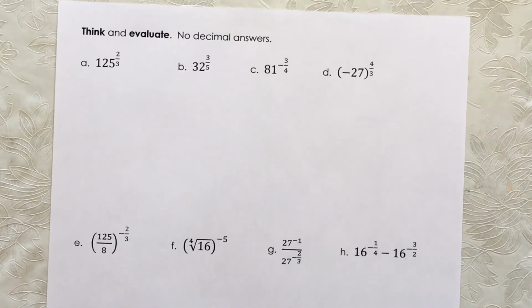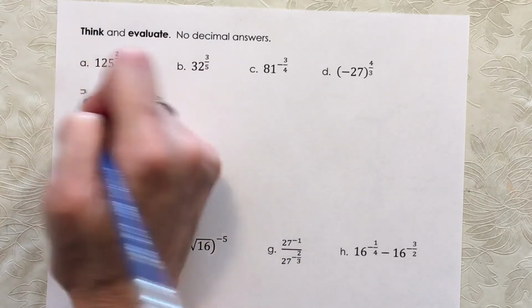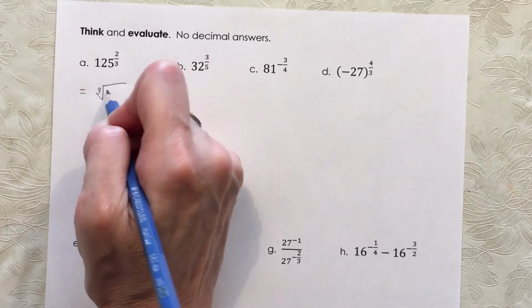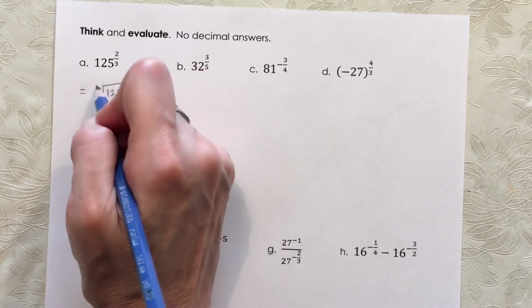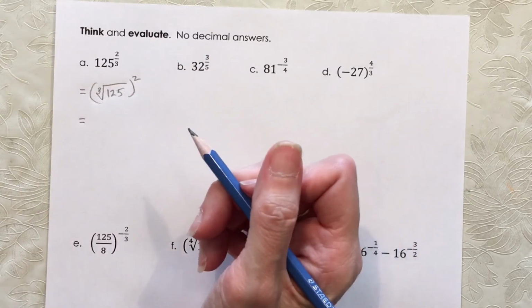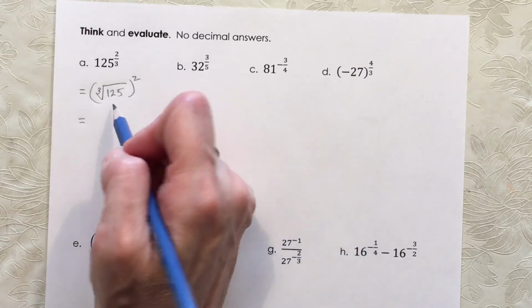So think and evaluate, no decimal answers. 125 to the 2/3, so we're going to think of that as the bottom number is the root, so the third root of 125 squared. The third root of 125 means what number multiplies by itself 3 times to give you 125?